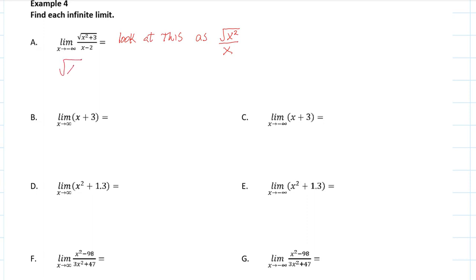The square root of x squared, like we just talked about: if you plug any number in for x, and then you square it, and then you square root it, you will always get a positive x, which means you always get the absolute value of x. So if I'm looking at the lead terms here, I know that the numerator is always going to be absolute value of x. The denominator is still x.